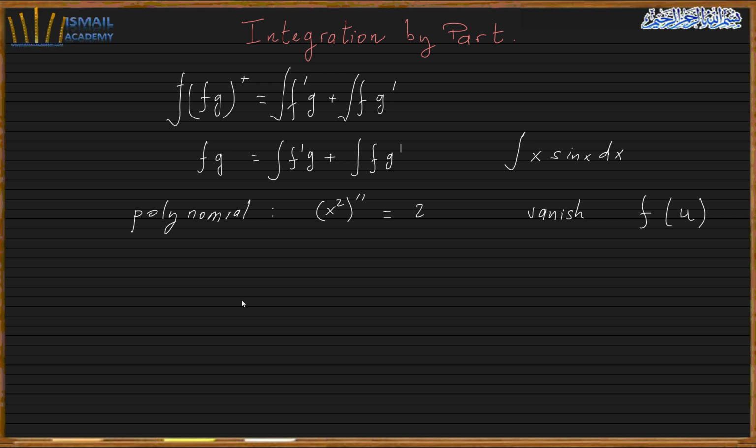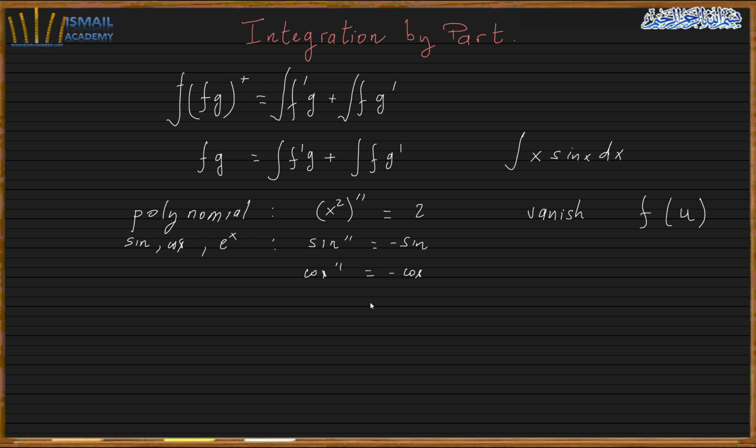The second type of function is trig and exponential functions, especially sine and cosine. Those are functions whose derivatives come back all the time. For example, the sine second derivative is minus sine. The cosine second derivative is minus cosine.